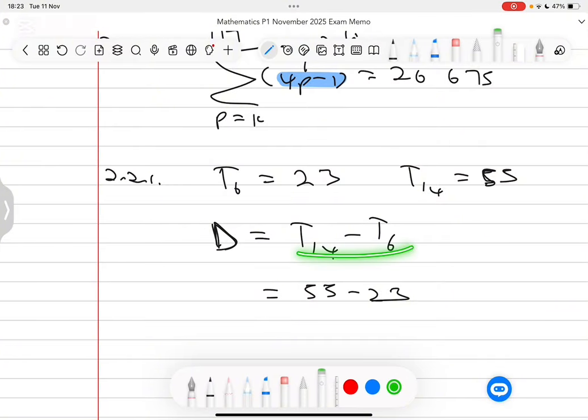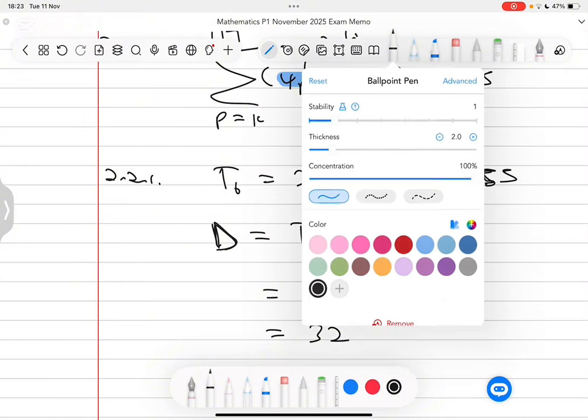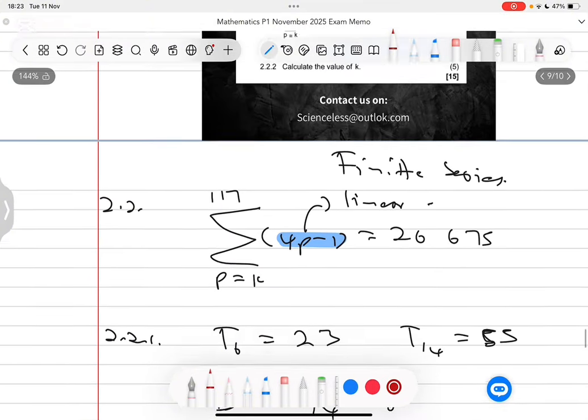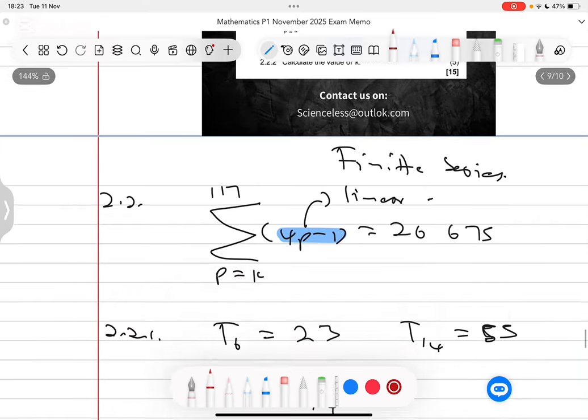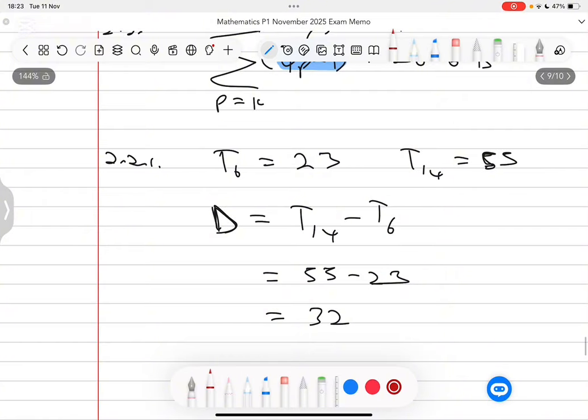Remember, a difference is the number you get when you subtract two numbers. What is the gap between them? That gap is 32. That's how you should answer this question, and it's for 2 marks.